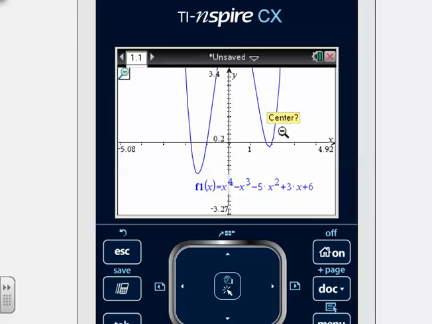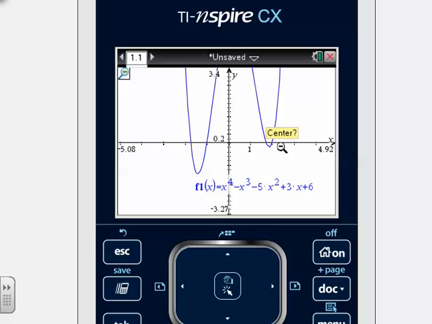I can see it approximately goes through a -1. So if it's going through a -1, one of our roots is likely to be x plus 1. And this looks like it goes through a +2, so another root is possibly x minus 2.